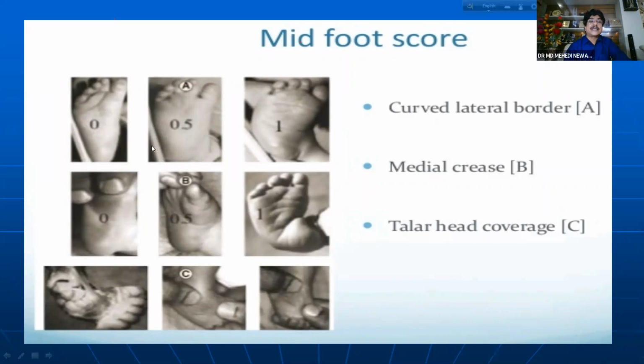If the curve is from the metatarsal level, it is 0.5, and if it is not curved, that is 0. Like this, talar head coverage: if we abduct the navicular bone and it does not cover the talar head, we call it 1, partially covered is 0.5, and fully covered is 0.